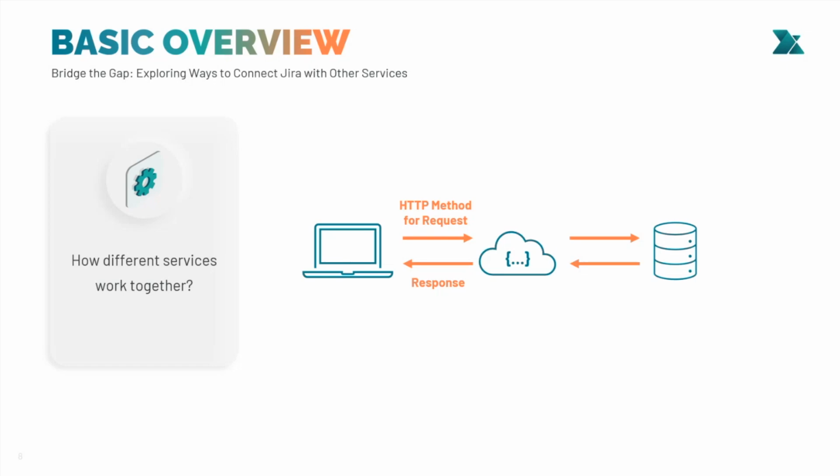And these services can request and respond to each other's actions by leveraging RESTful architecture to access and manipulate resources. So authentication, service discovery, as well as asynchronous communication are used to ensure secure and efficient interactions within the interconnection of these web services.